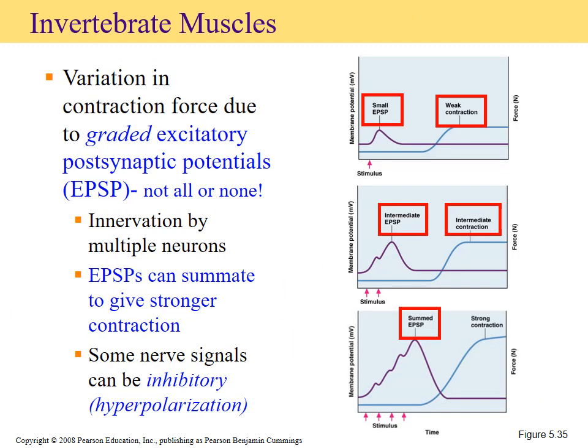Another difference that we see when we start taking a look at muscles and comparing it across different animal models is that invertebrate muscles have this thing called a graded excitatory postsynaptic potential, EPSP. And the reason it's graded means that when you start stimulating, you can basically summate a stronger response out of the muscles.